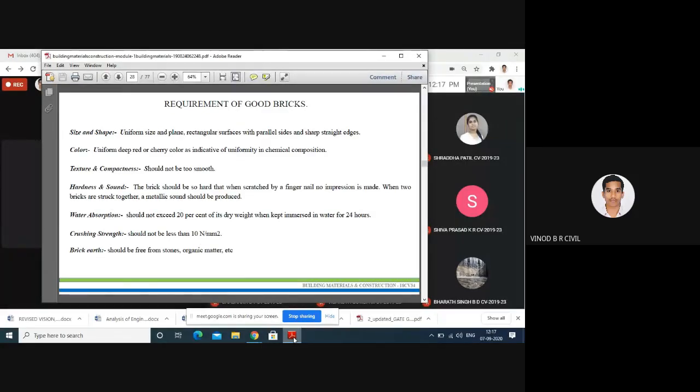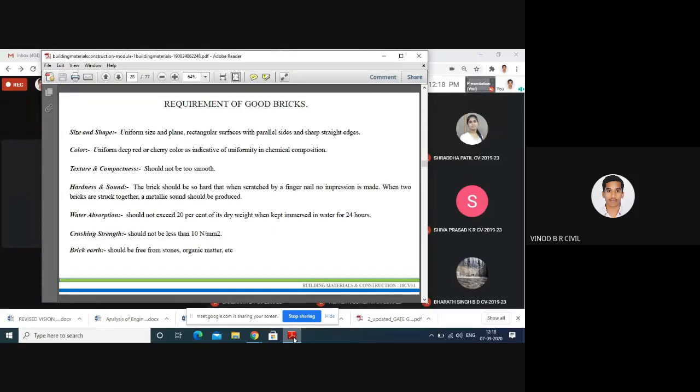Hardness and soundness. The brick should be hard: when scratched by a fingernail, no impression should be made. When two bricks are struck together, a metallic sound should be produced. And the next one is water absorption.